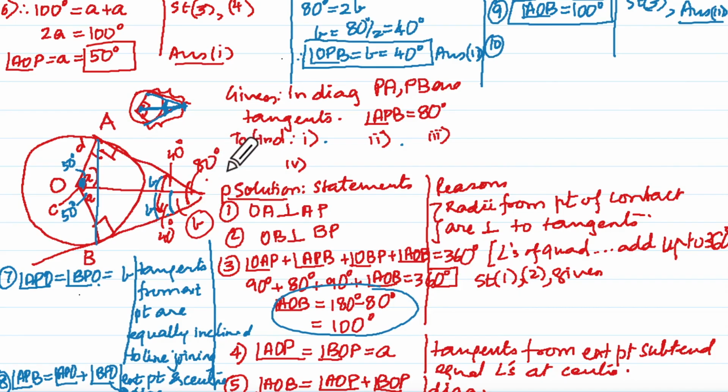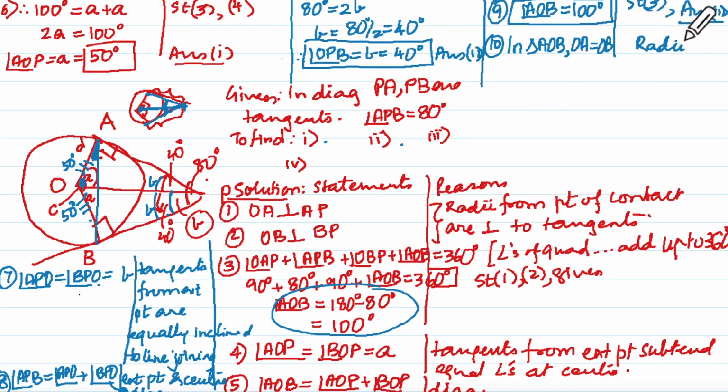Where is D? D is this angle. This angle over here will be part of which triangle? AOB. So I'll take these radii equal and isosceles. Can you see that? Yes. So what you will say in triangle AOB, what equal to what? OA equal to OB, and what you'll write?